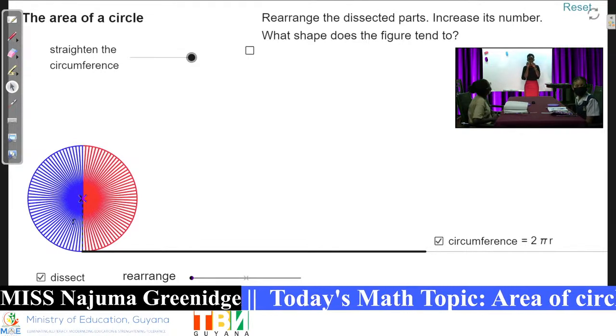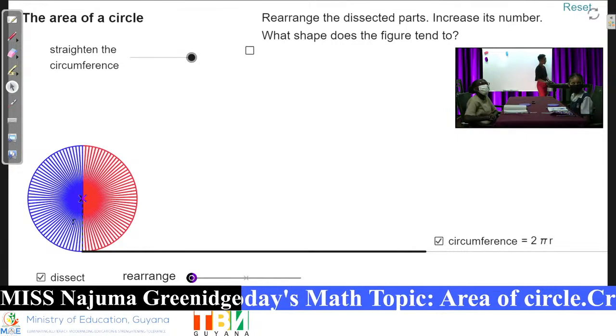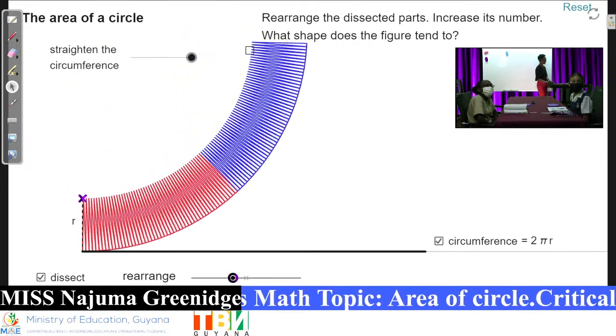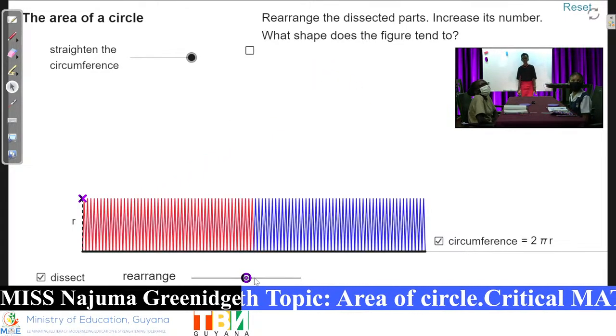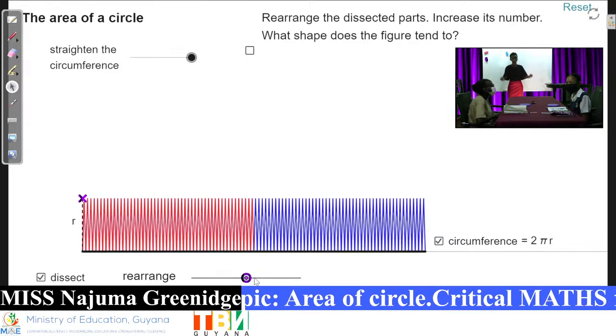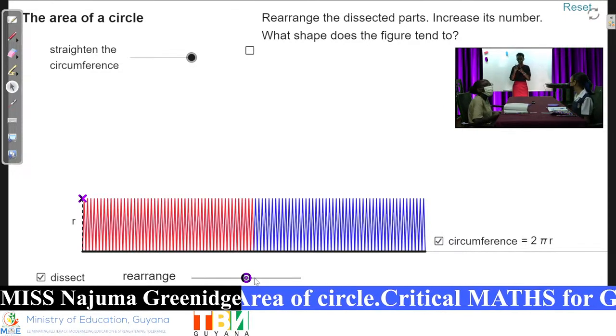So you see, the more sectors I have, let's see what happens with the circle. Interesting, huh? So it's almost straight, right? So the more you divide up the circle into the sectors, something is forming.